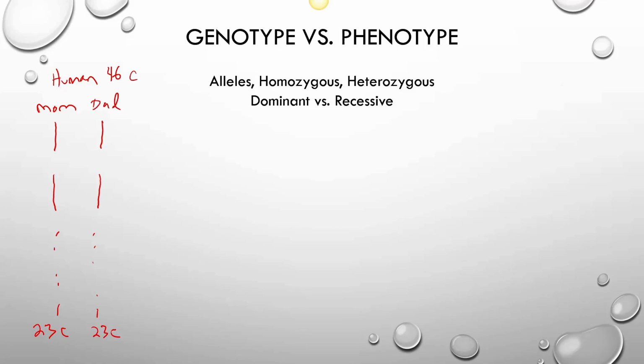Now let's say your mom has brown eyes and your dad has blue eyes. Are you going to have both brown and blue eyes? Likely not. Now let's say that the gene that controls eye color is on the first chromosome. So we have this region which controls eye color.